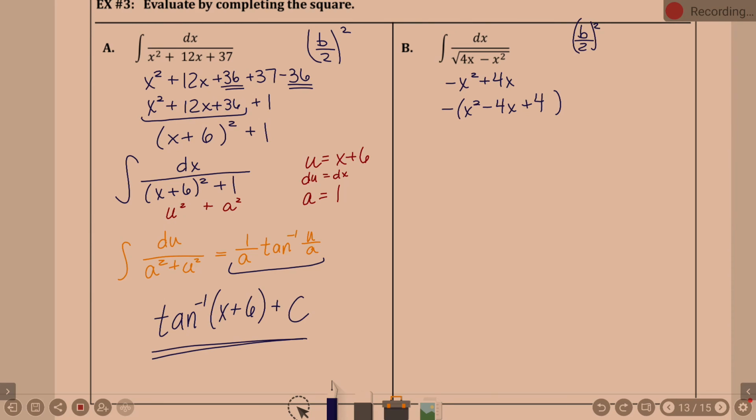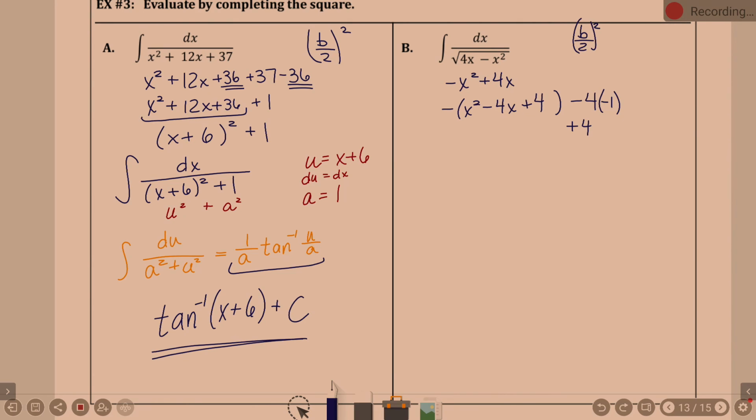Normally we say if we add 4 in here, we subtract 4. But what is this 4 really multiplied by? Negative 1. So I always say multiply by whatever's out here. Thus, we're subtracting a 4 that is multiplied by a negative 1, so we really are adding 4. Are we okay with that?